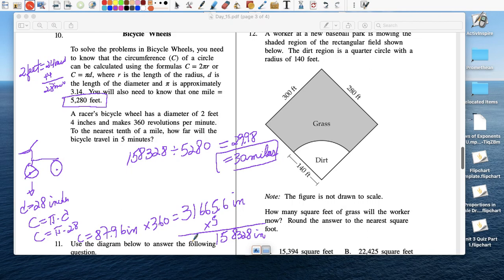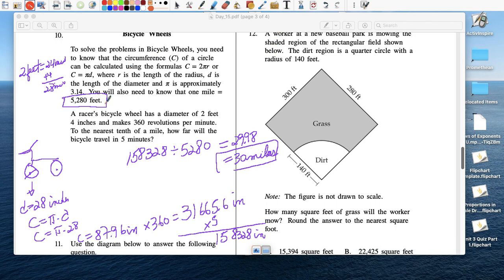And it does 360 revolutions per minute. I multiply that by 360: 31,665.6 inches in 1 minute. So if I multiply that times 5, 158,328.